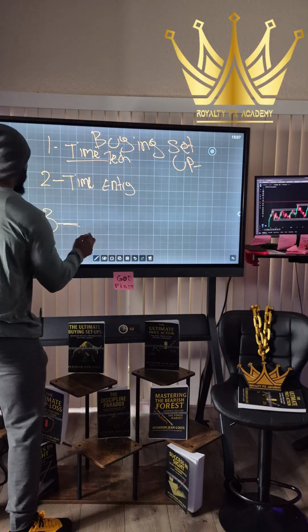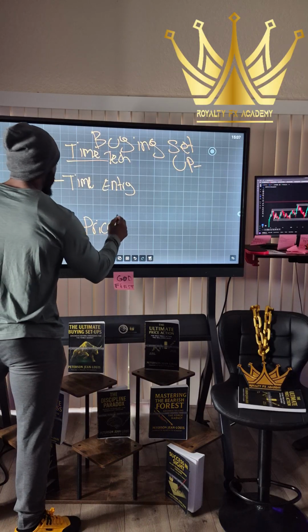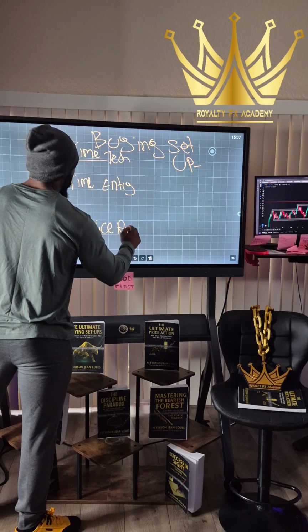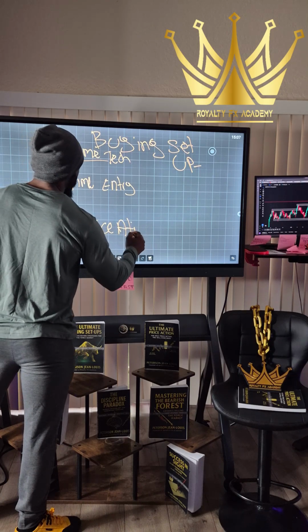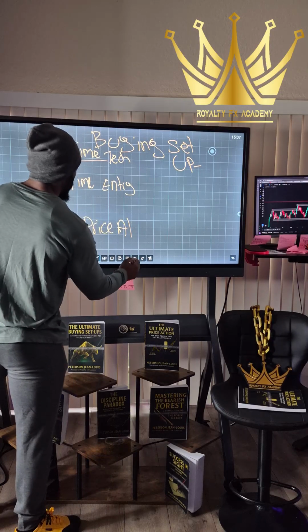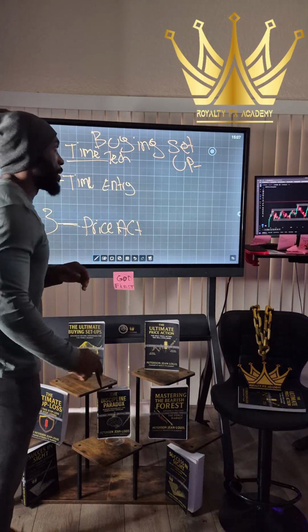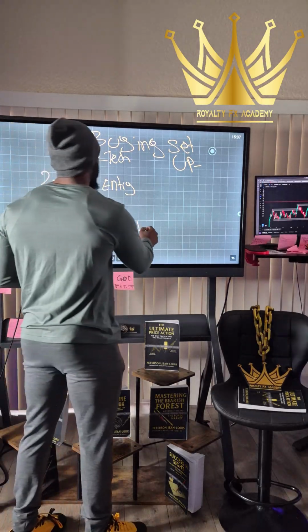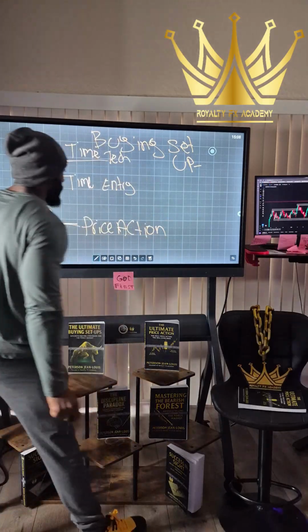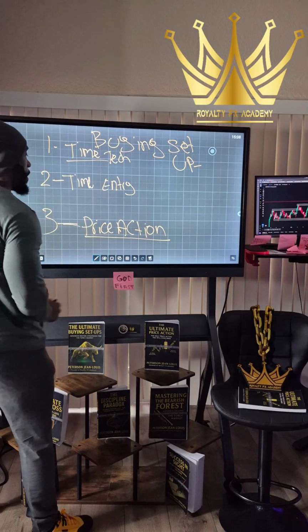And rule number 3, price action, where price is at a level where it's time to take action, where the market actually gives you a specific candle that indicates the market is going to go up.